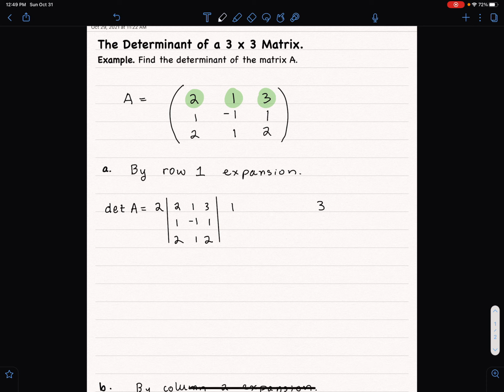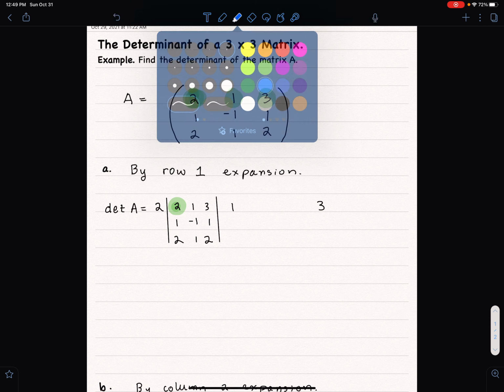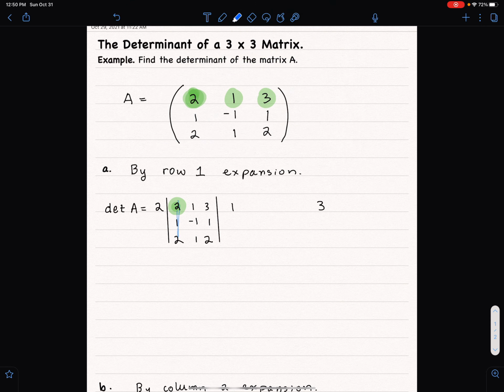Okay, so here's the matrix A, but since I'm expanding across the first row and I'm at this first entry, which is 2, I delete the row and column that contains that 2. And that leads to 2 times a 2 by 2 matrix.